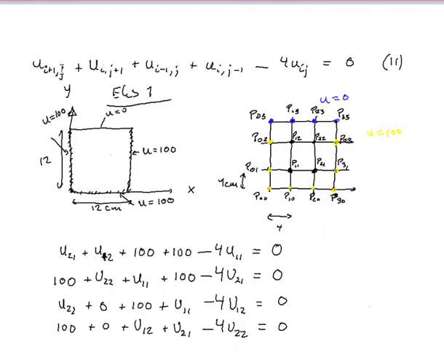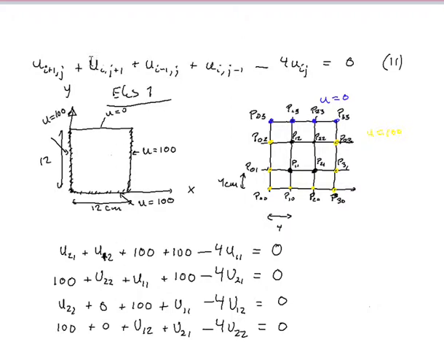So it's U31, the value at this point, and the value there is 100, so we write 100 here.